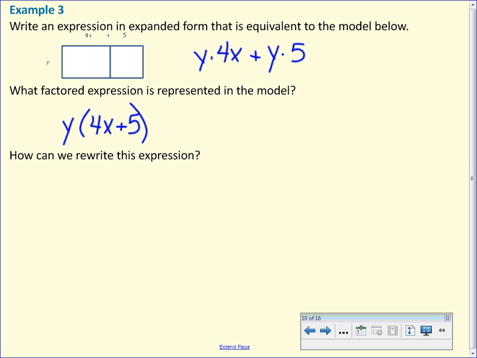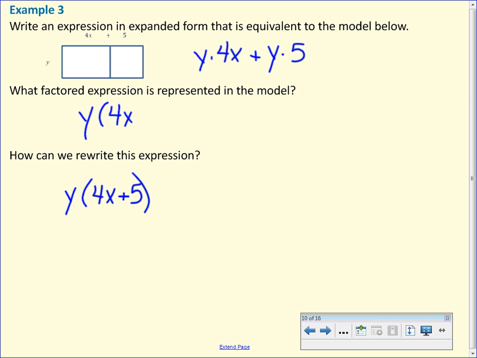Okay? How could we rewrite this expression? Well, actually, I went ahead of myself again. Naomi went straight to the right answer. y times 4x plus y times 5.